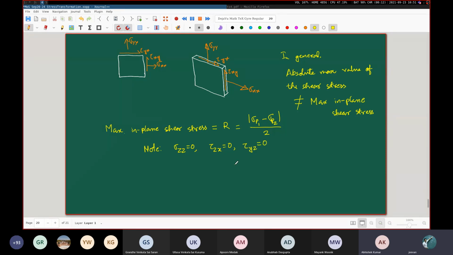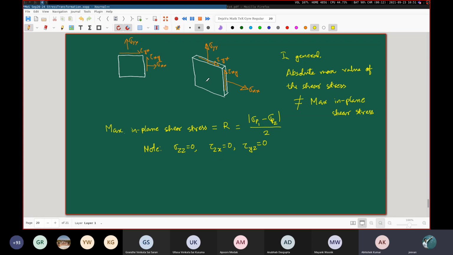Now, according to the definition of the principal stresses, the principal stresses are the normal stress components of the tractions on those planes on which the shear components of the stresses are 0.